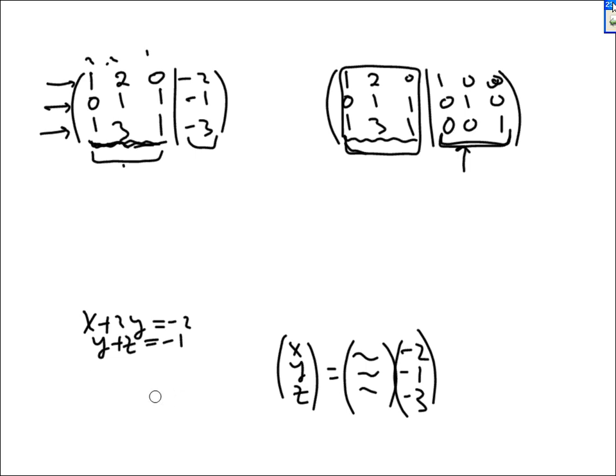Unless you're given the inverse, don't solve by inverse. The only exception would be if on an exam it says, solve by using inverses. Then, please, by all means, use inverses. The teacher said, use inverses. It's not up to you at this point. You have to use inverses.